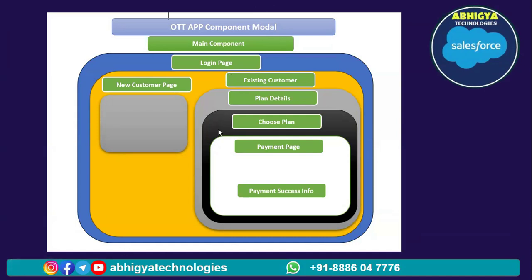In the login page, if they click the new customer button, it navigates to the new customer component, or if it is an existing customer, we go to the existing customer component. After that, for either new or existing customer, the plan details are in the common hierarchy. They select the plan details, so we have to display the plan details, which is one of the components, and they have to choose the plan.